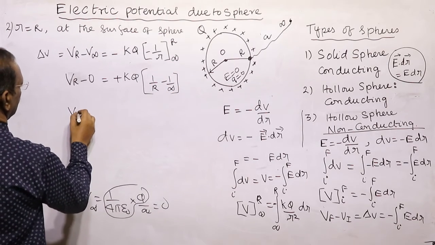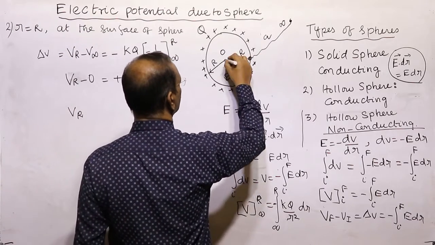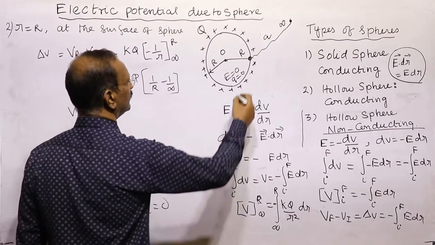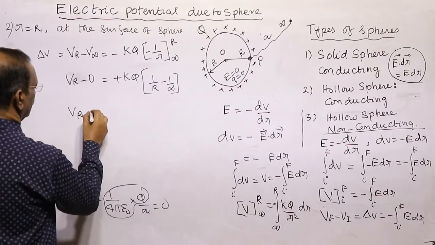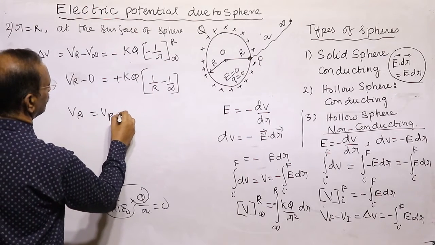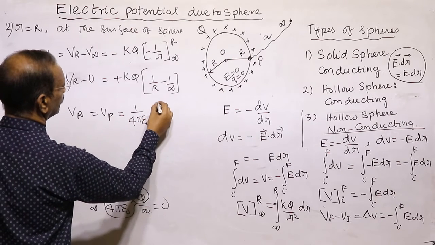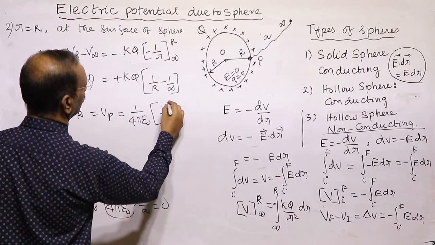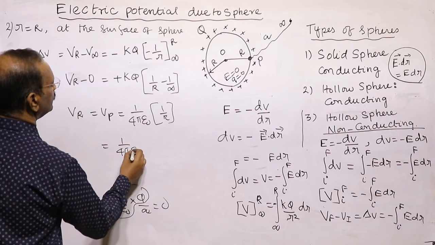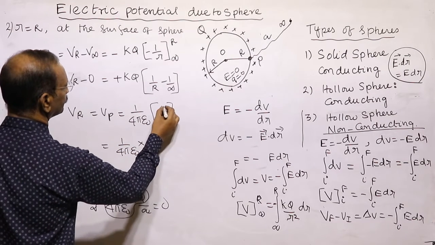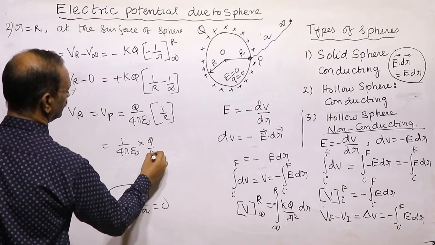So the potential at R, that is the potential at a distance R from the center of the sphere, or we can say the potential at point P, is equal to K into 1 by R, or 1 by 4 pi epsilon naught into Q by R. Simple.